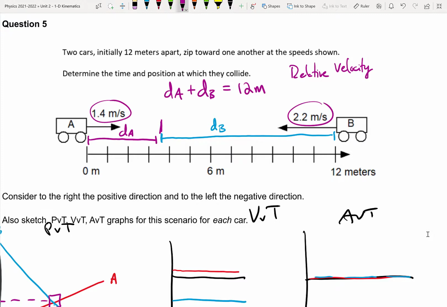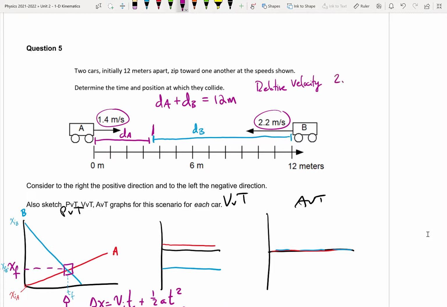When they collide, it's not like they're moving 2.2 or 1.4 meters per second. They're colliding at a speed of 3.6. Because if you're watching something move towards you, and you're moving towards it at the same time, it looks like it's moving faster than it's actually moving, because you have a relative velocity.